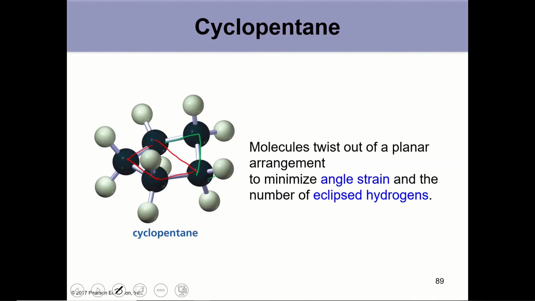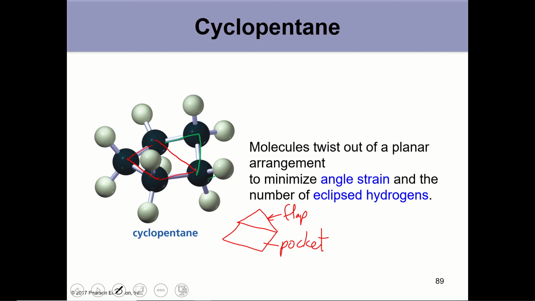In cyclopentane, we have shown in red 4 atoms that are in the same plane and 1 atom shown in green that is above the plane. We call this the envelope conformation. Think about when you mail an envelope at the post office. Before you put your letter inside of it, you have your flap that could be sticking up, and then you have your pocket.